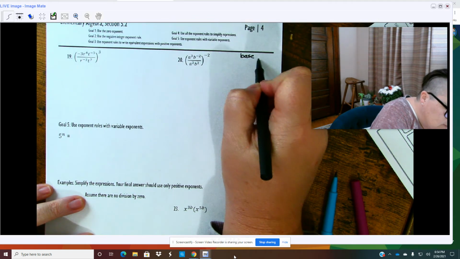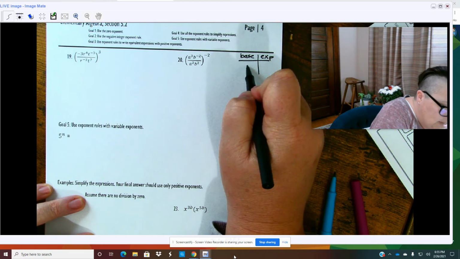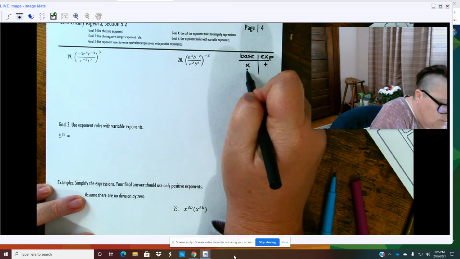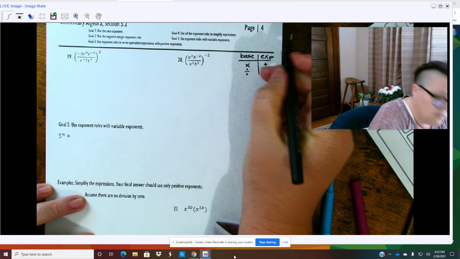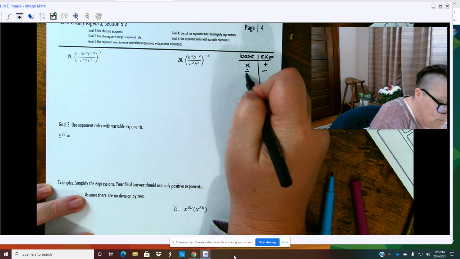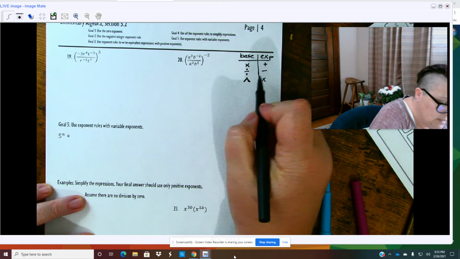So I've got the base and the exponents. If my bases are being multiplied, my exponents can be added. If my like bases are being divided, my exponents can be subtracted. If my exponents are taken to other exponents, power to a power, my exponents can be multiplied.